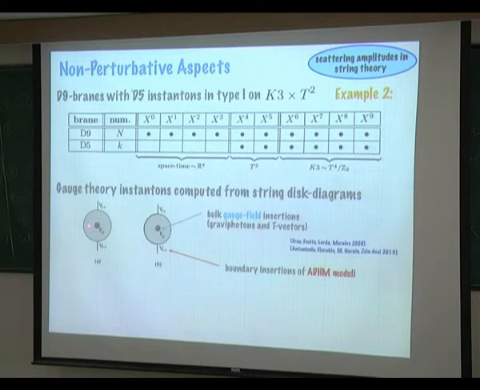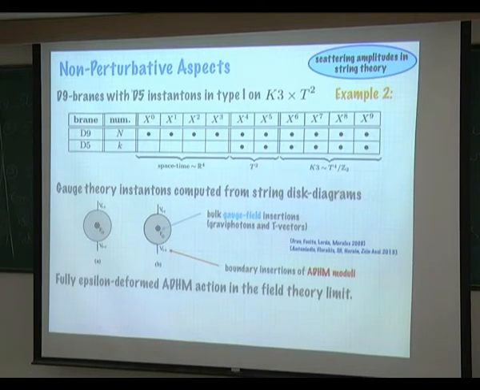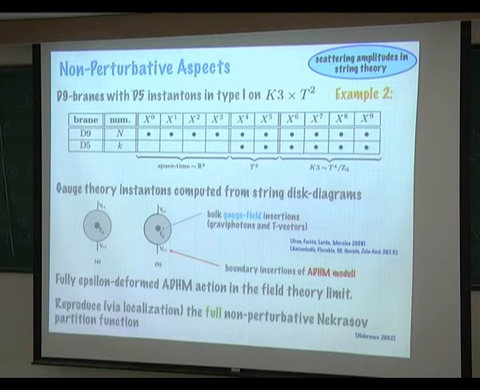If you also include the T-bar vectors here, and you calculate all of these disk diagrams and sum them up correctly, what you reproduce is the full epsilon-deformed ADHM action in the field theory limit. So take the combination of all of these disk diagrams and take the gauge theory limit, and what you reproduce is the full ADHM action with both parameters epsilon plus and epsilon minus switched on.